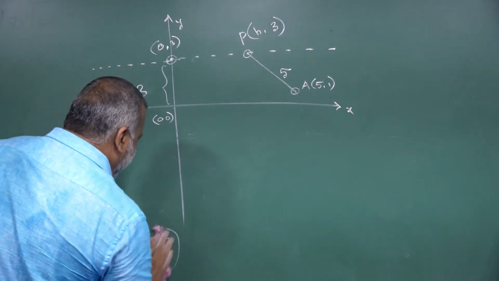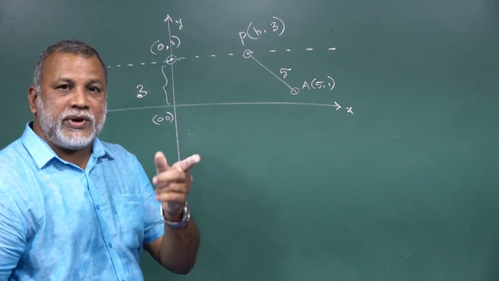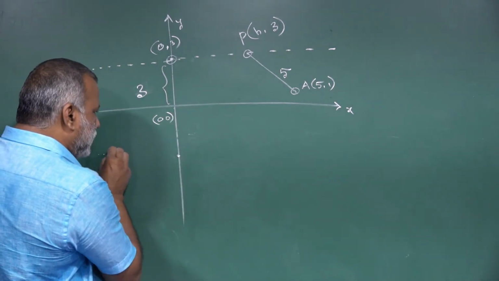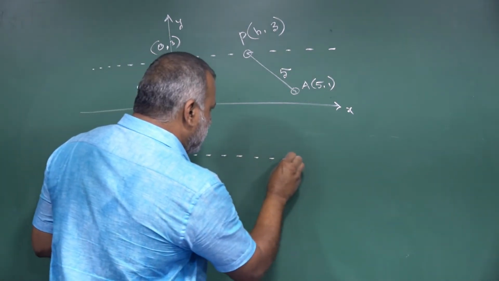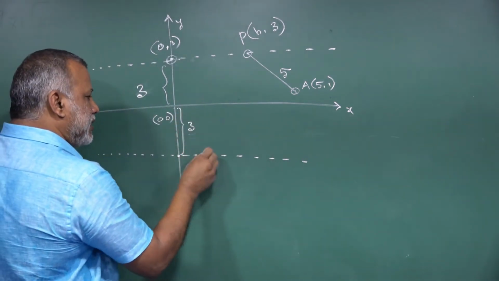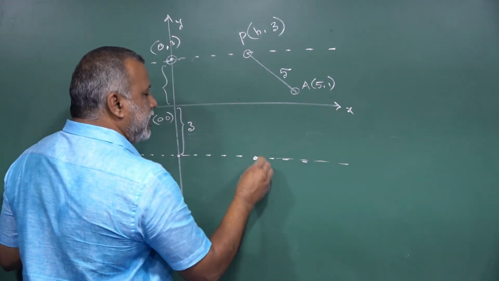Just 3 units from the x-axis. We already discussed 3 units from the x-axis. Here we are selecting, suppose this must also be 3 units from the x-axis. We can consider like this. Now I am taking a point P here.